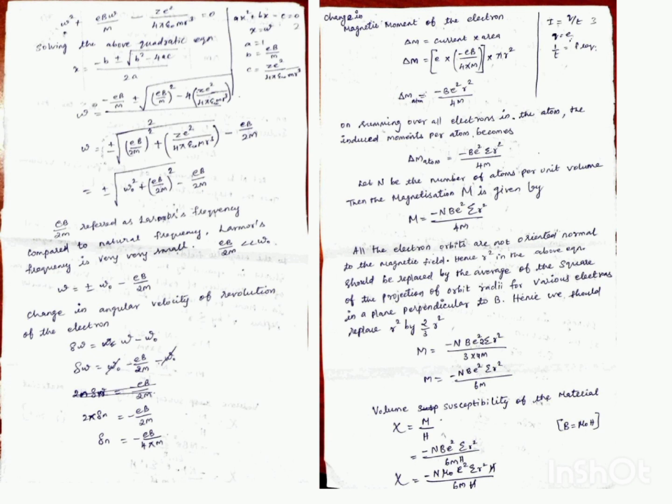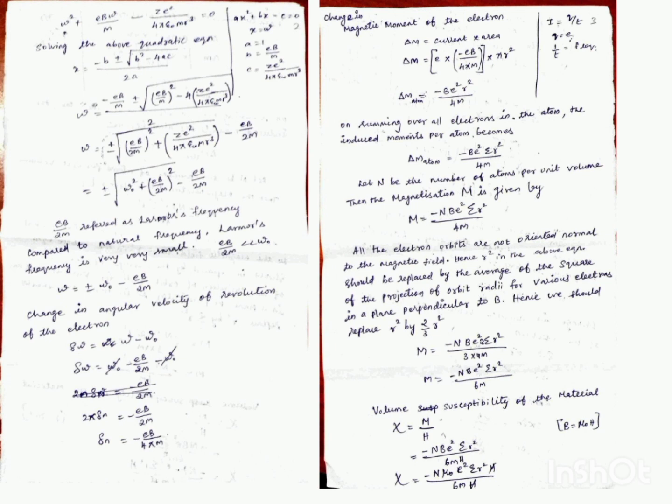Now, our ultimate aim is finding the susceptibility of the diamagnetic material. We know that the formula for the volume susceptibility of the material is magnetic moment by magnetic field strength. So the final value we get is minus N mu naught e squared summation of r squared by 6m. We can notice the minus sign present here.